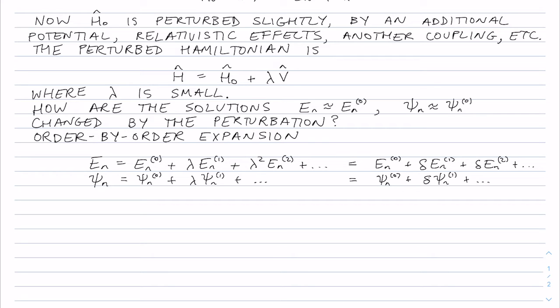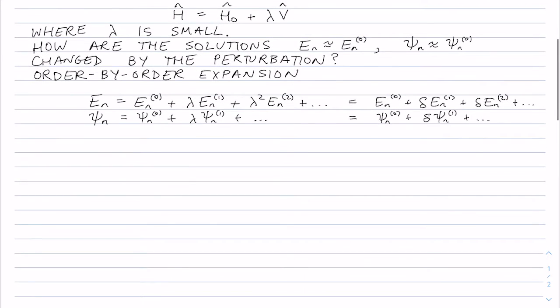The superscript 0, 1, 2 tells us the order of the expansion, and the subscript n is just indexing which state we're talking about. So n equals 0 would be the ground state, n equals 1 is the first excited state, and so on. Now, we want to get expressions for En1, En2, and so on, and we want expressions for psi n1, psi n2, and so on. Okay, so how are we going to get there?